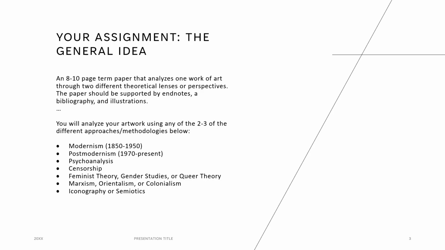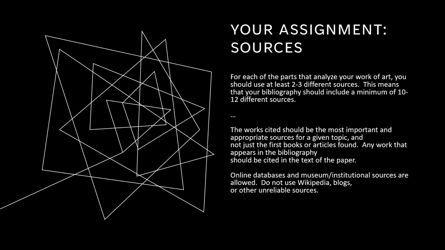So your general idea of your assignment, and you should read your assignment carefully because there's a lot more than this, these are just excerpts, is that basically you're writing an 8 to 10 page research paper that's looking at one work of art through the lens of different theories or perspectives. They could be modernism or feminist theory or colonialism, but you're going to be analyzing the work of art through different lenses.